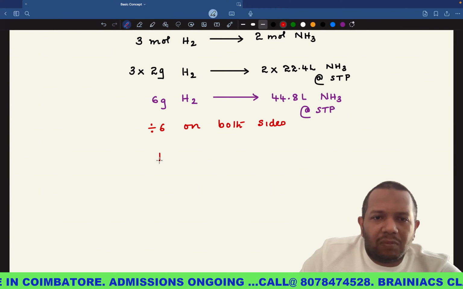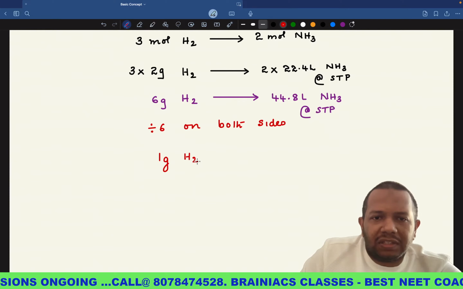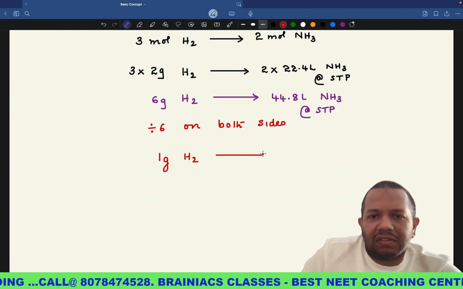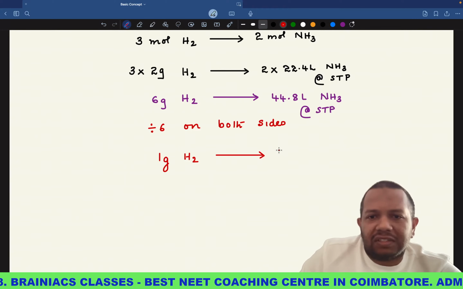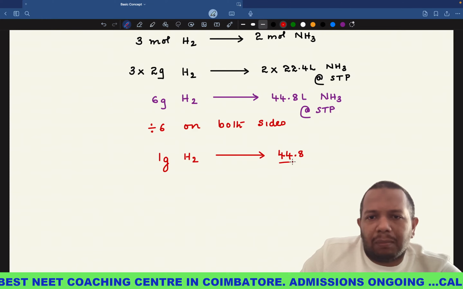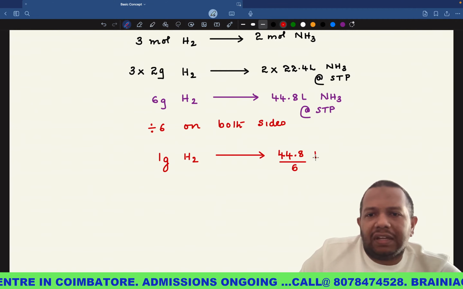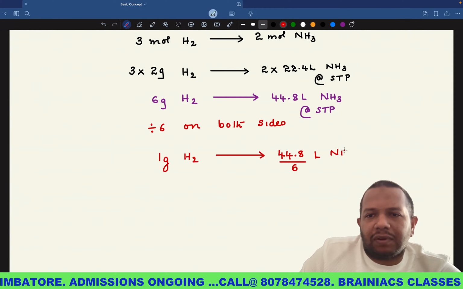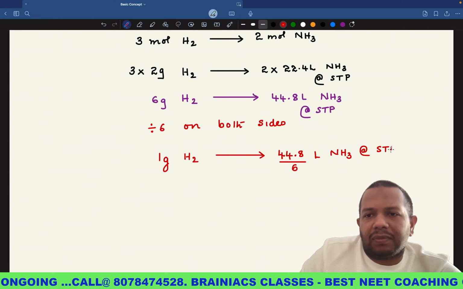So this will become 1 gram hydrogen. 1 gram hydrogen can give rise to 44.8 by 6 liter ammonia. This much amount of ammonia they can give at STP.